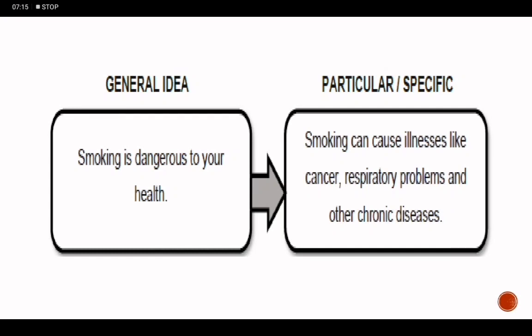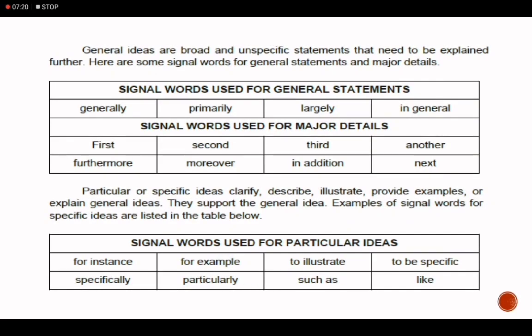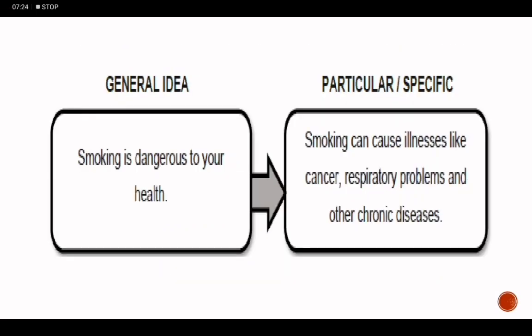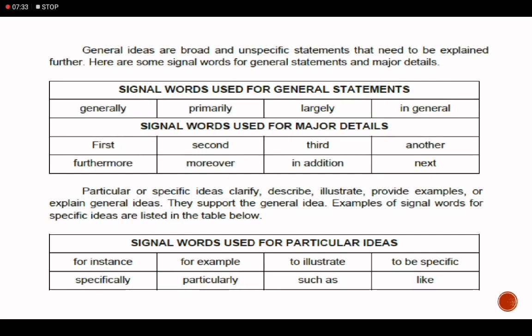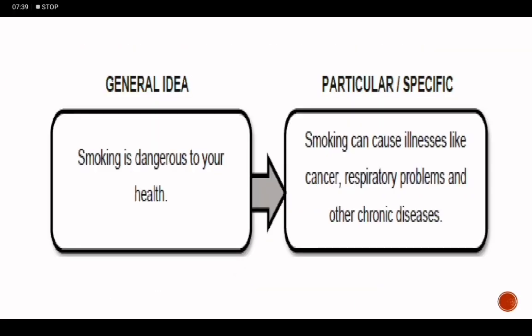We can do so. How about for particular or specific idea? We can use the signal word particularly, smoking can cause illnesses like cancer, respiratory problems, and other chronic diseases. Or we can also use for instance or the word for example. So that is how we do the general to particular pattern of our paragraph.